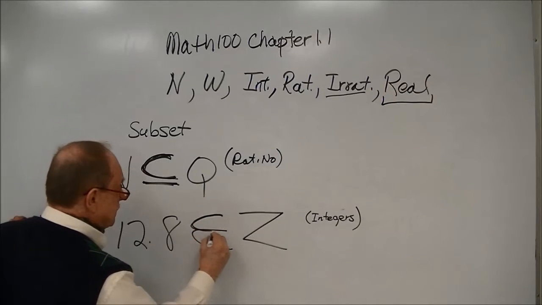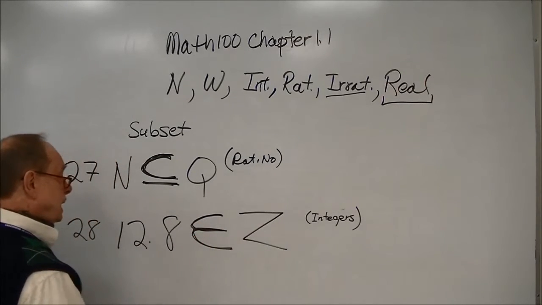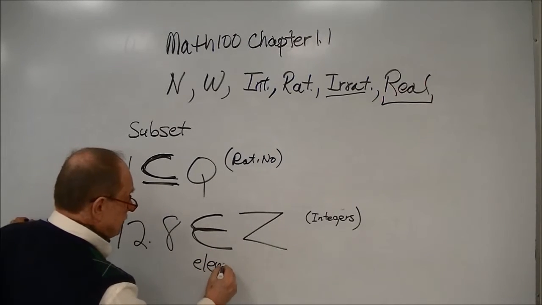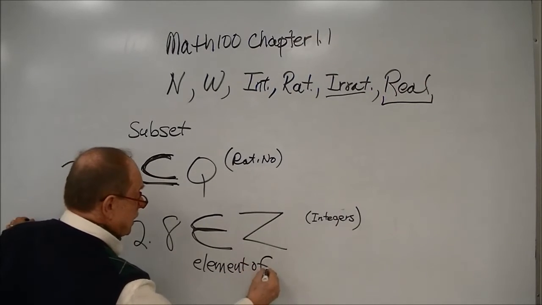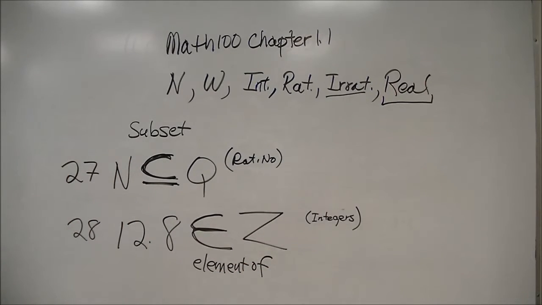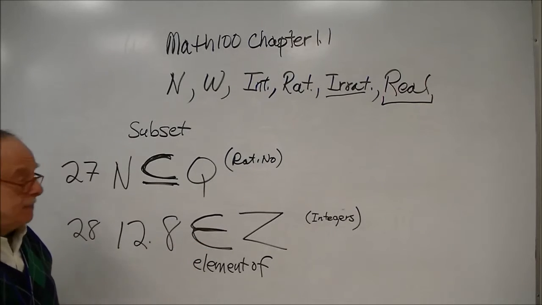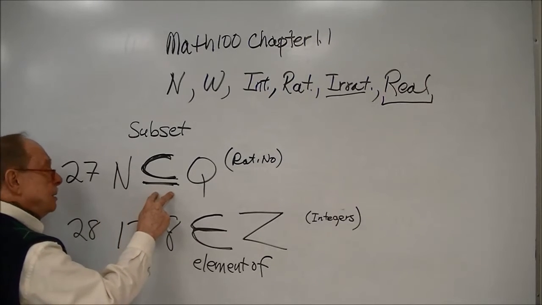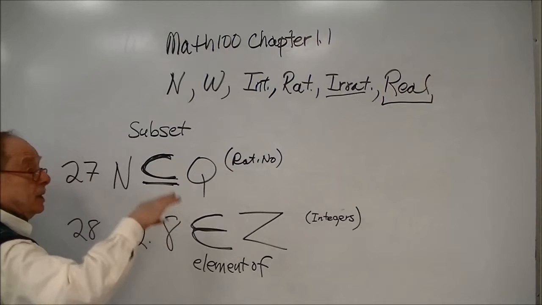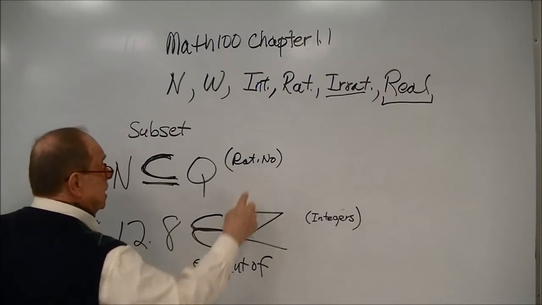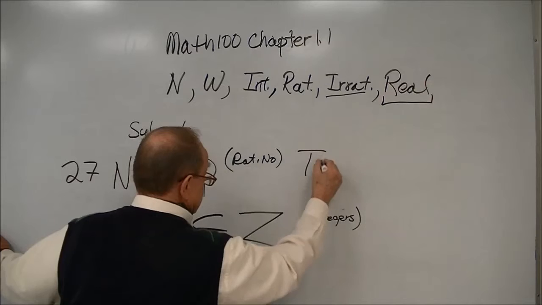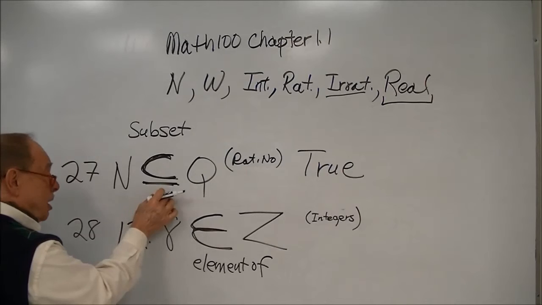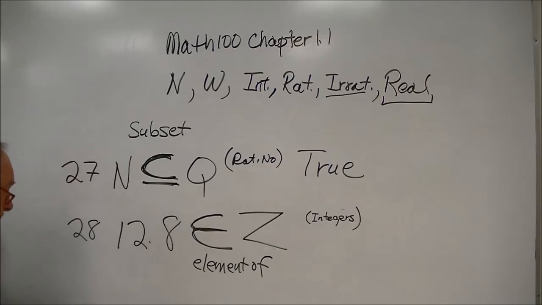And this funny kind of E there is an element of, so this is sort of like a member of a set. So let's read this. Natural numbers are a subset, that is, sort of below that in that chart, of rational numbers. And this is true. Natural numbers are a subset of rational numbers.